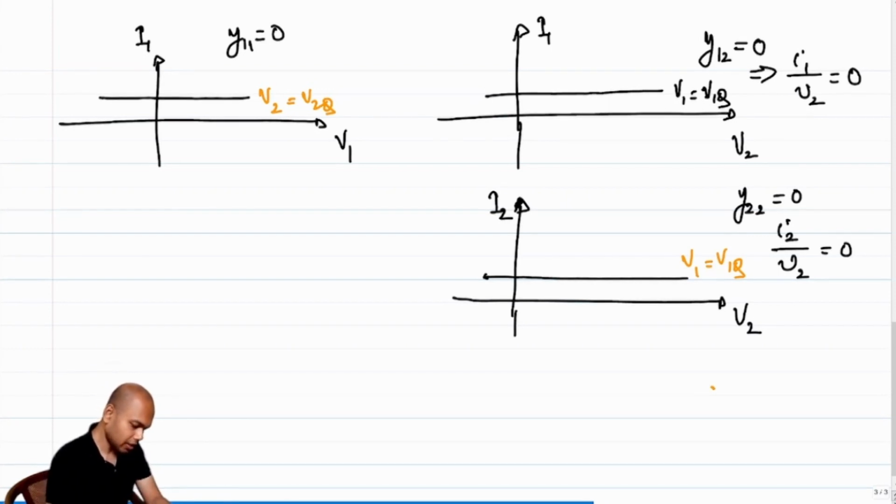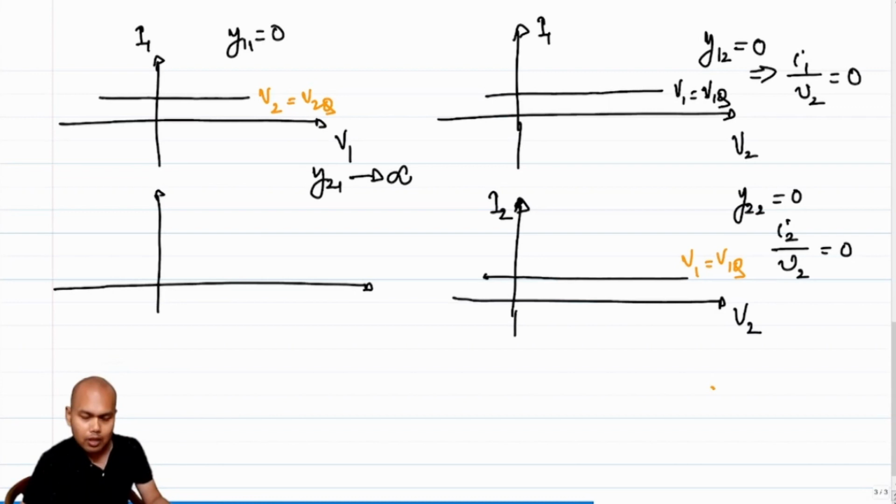And similarly, if we turn our attention to the last parameter, y21, I want y21 to be as high as possible, right? Which means that I2 over V1 should be as high as possible. Correct?